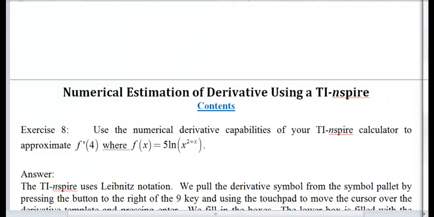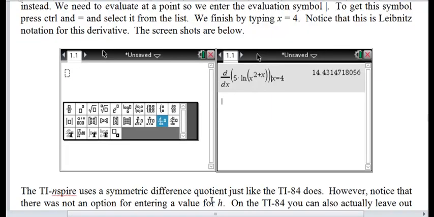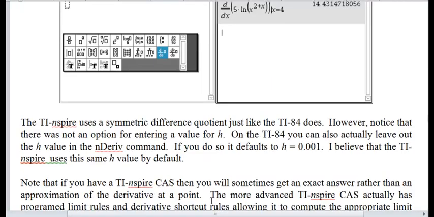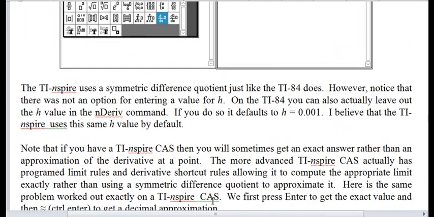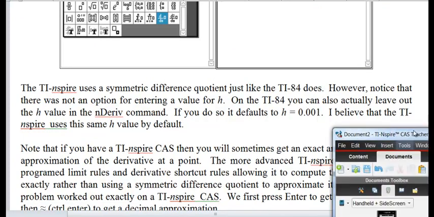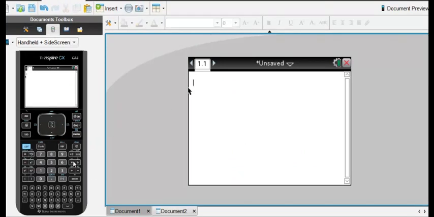Alright, so that's the way we do it on the TI-nspire. So it looks just like the newer notation on the TI84, you just get it a little bit differently. Now, what I want to show you now, though, is if you actually had a TI-nspire CAS version, something even cooler happens if we do the same thing.